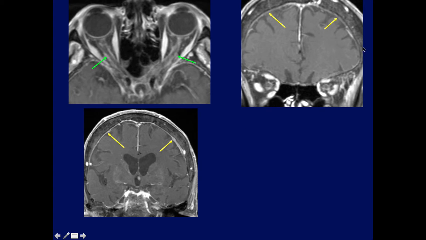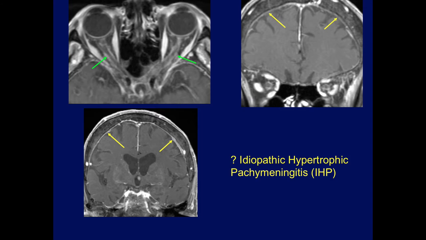And also of note was that there's significant enhancement of all the dura surrounding the brain. So the differential in this case would be lymphoma, some sort of metastatic disease, sarcoid, but the patient had none of that and was followed, there was no suggestion of any abnormalities of that sort.